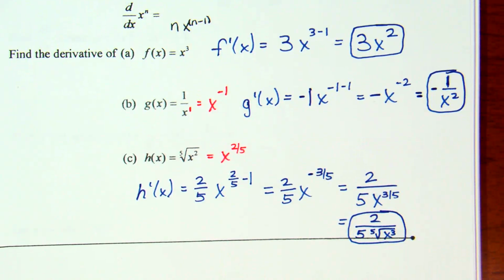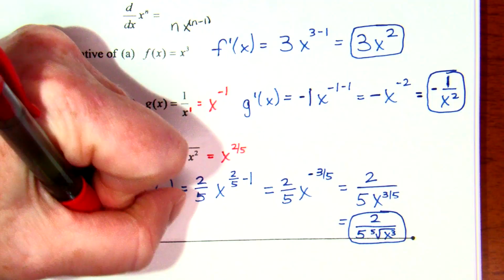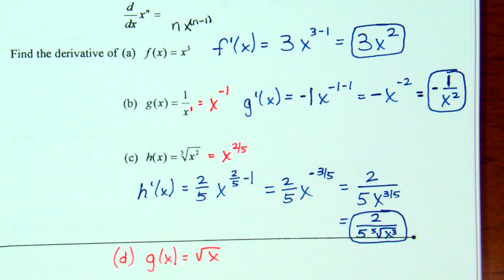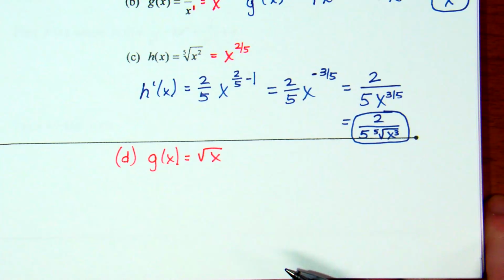I have one more example I want to throw at you. You can call it part D if you want. And that is g of x is the square root of x. That's the one we're going to end on. So in order to find g prime of x, what do you have to think about here?